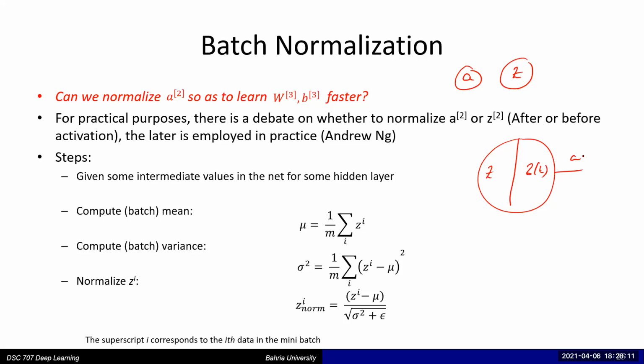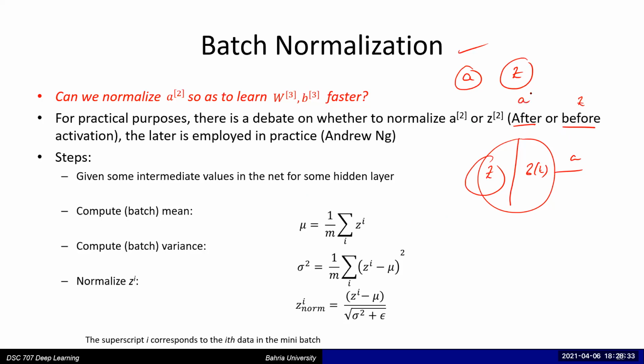There is a divided opinion on whether we should normalize Z or normalize A, right? In other words, people debate whether we normalize before applying the activation function, which is Z, or after applying the activation function.